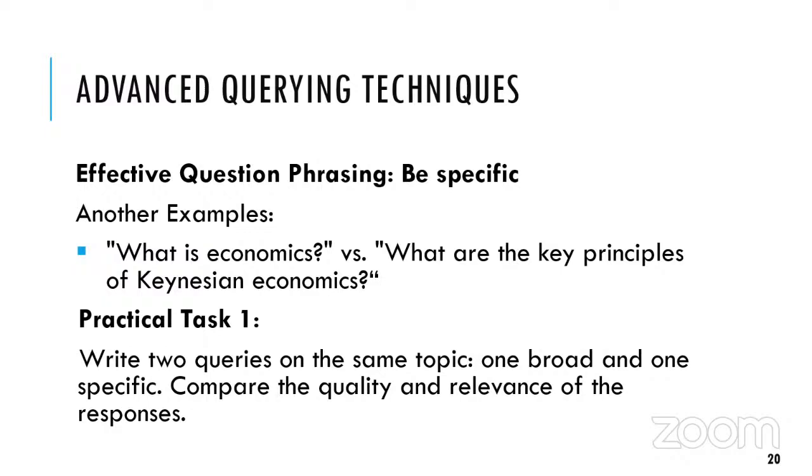I want you now to pause this video, and write 2 queries on the same topic. Choose a topic of your own choice, any choice. Write one that is broad and the other one that is specific.